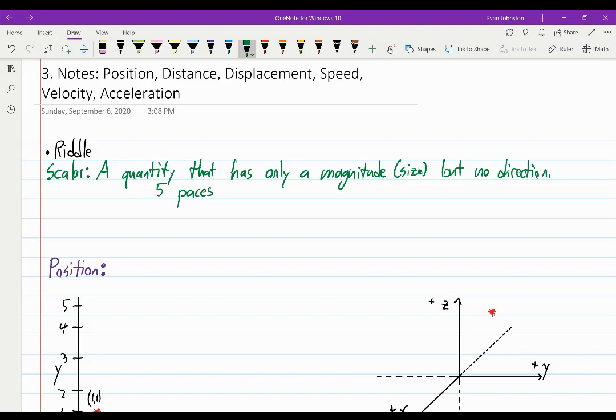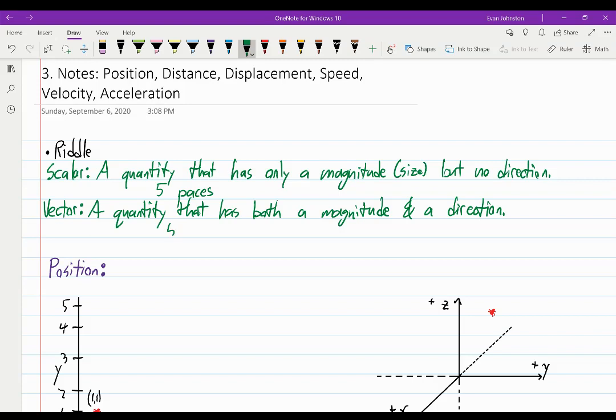The other thing that contrasts this is a vector. I don't mean the evil villain in Despicable Me. This is actually a quantity that has both a magnitude, again, that size, and a direction.